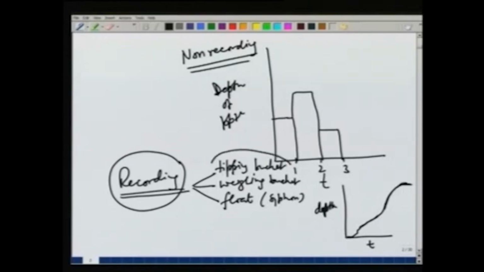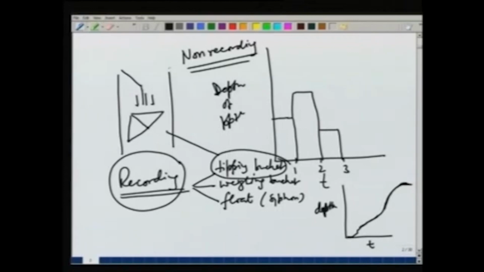In the tipping bucket rain gauge, we saw that there would be an arrangement like this, where there will be two buckets, and then the precipitation typically collected through a funnel will fall over one of the buckets, and when the bucket is filled up to a certain level, this level generally is about 1/100th of an inch or 0.01 inch, or in millimeters 0.25 millimeter.